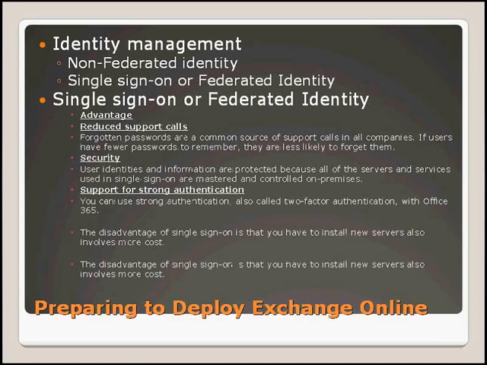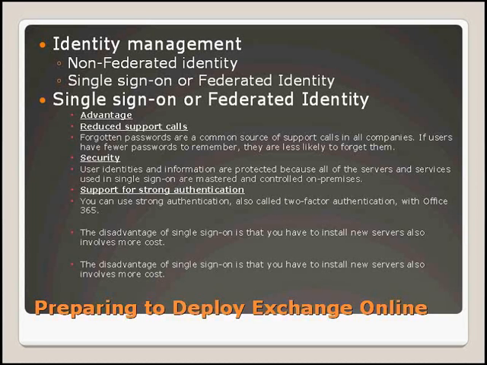Suppose, as I talked about in the beginning, the majority of the calls an IT help desk gets are about forgotten passwords. That's a common thing because you have too many passwords to remember. If you have fewer passwords to remember, that's less likely to happen, so you may end up with reduced support calls.